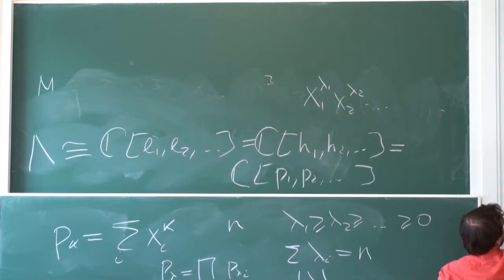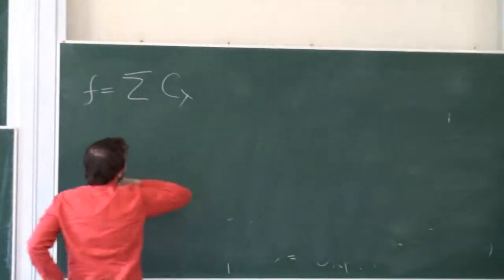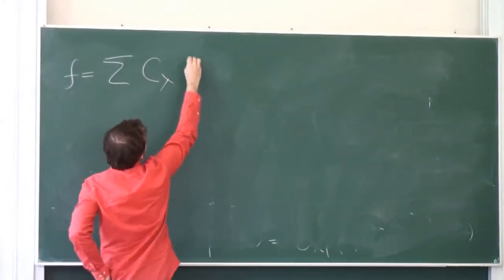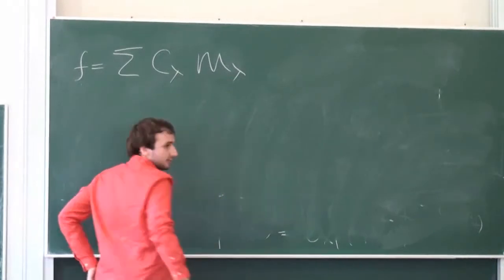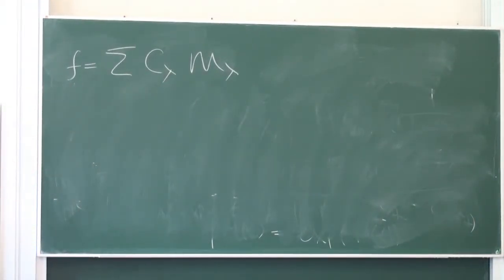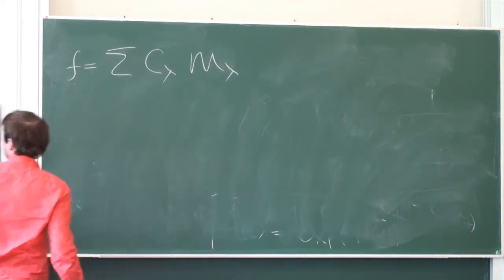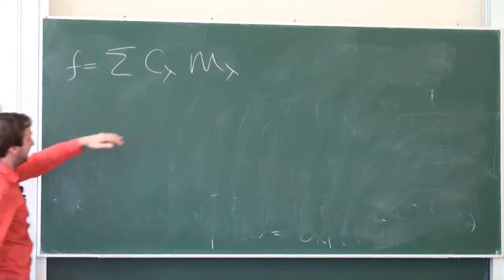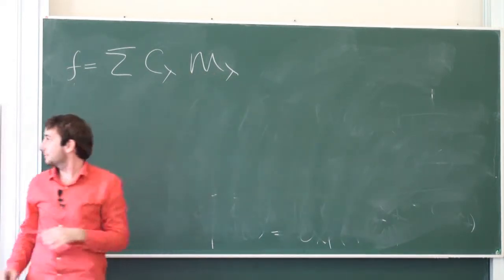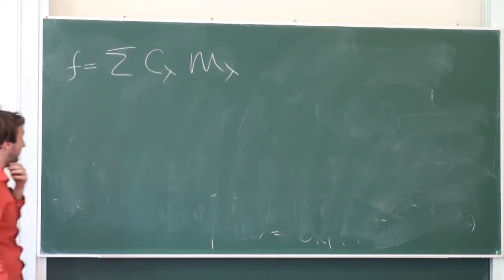So any polynomial is some finite sum over partitions of c_lambda times monomial symmetric functions, just because monomial symmetric functions are the basic blocks of all symmetric functions. So it is enough to prove that any monomial symmetric function can be expressed as a polynomial in elementary symmetric functions. So how will we prove that?